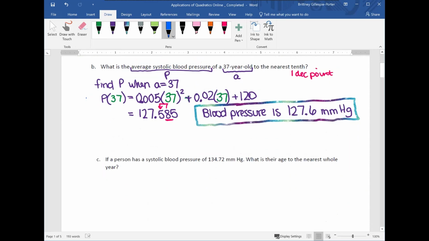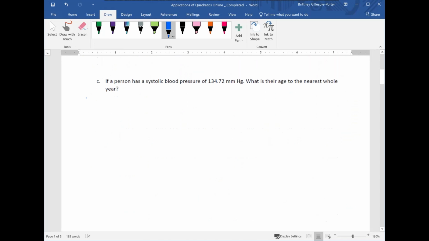Let's try another one. Part C. It says if a person has a systolic blood pressure of 134.72, so they're telling us that P is equal to 134.72, what is their age? Remember, age was A, to the nearest whole year.